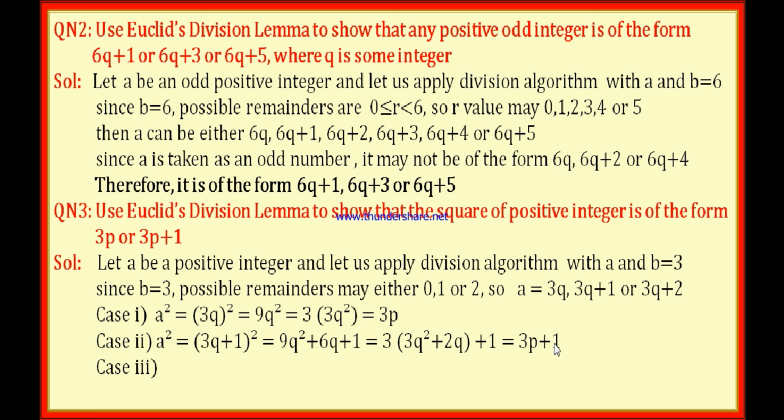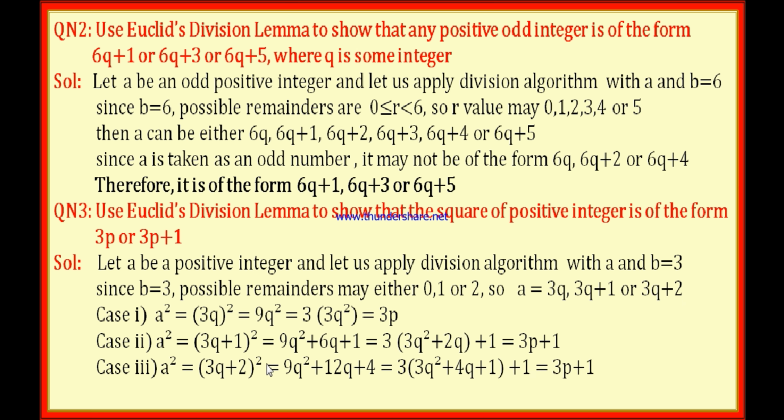Now the third case, if A is equal to 3Q plus 2, then A square means 3Q plus 2 whole square, which is in the form of A plus B whole square. A square means 9Q square plus 2AB, 2 into 3Q into 2, which is 12Q, plus B square, 2 square, which is 4. Now you write this 4 as 3 plus 1 and take 3 common.